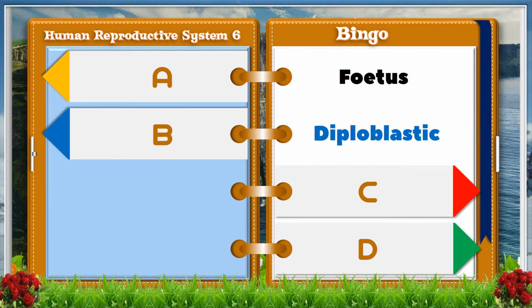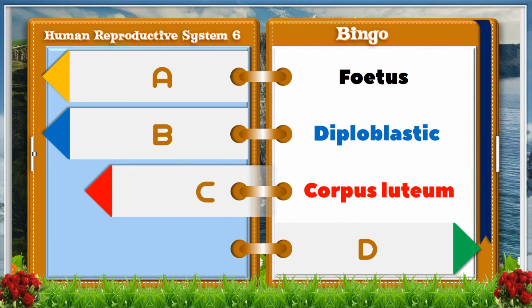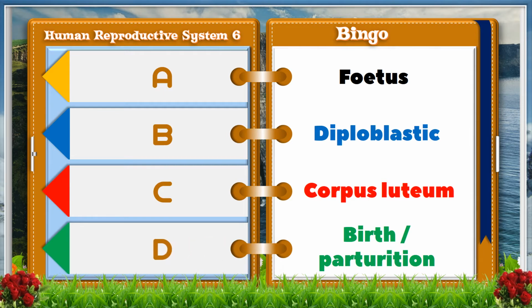B. Diploblastic. C. Corpus luteum. D. Birth or parturition. And the answer is C. Corpus luteum.